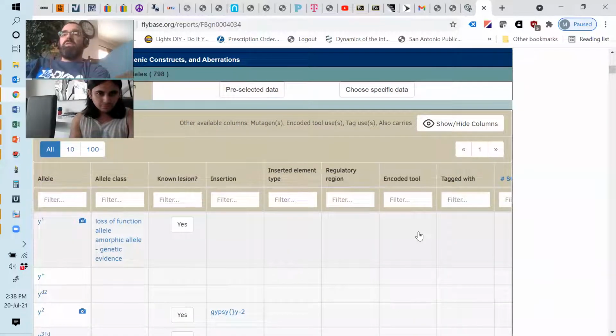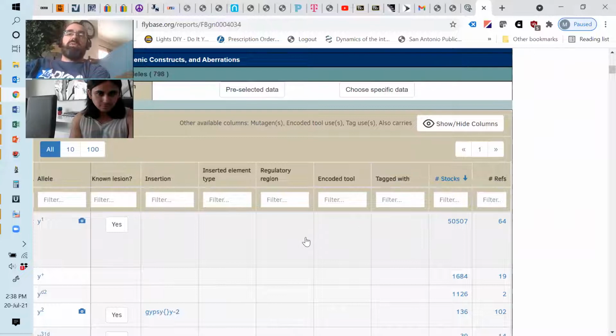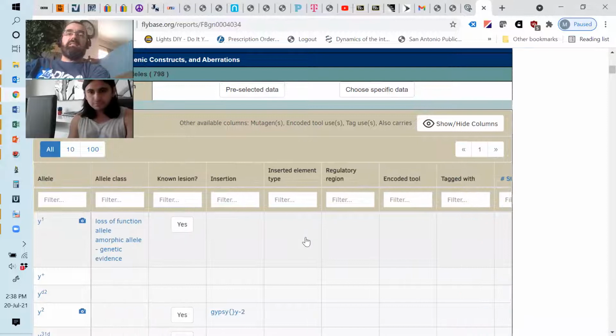So these are all sorted by the number of stocks available that contain these particular alleles. So your next question is simply, which is the one with the most stocks?